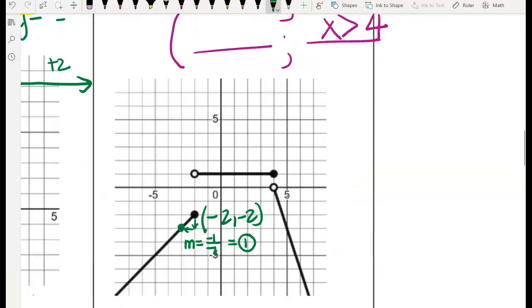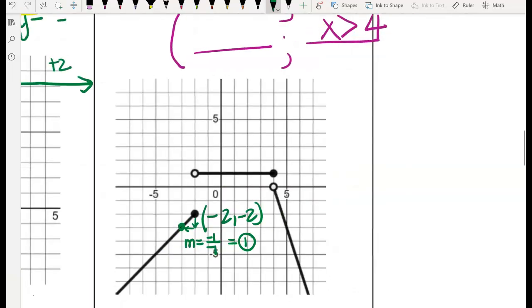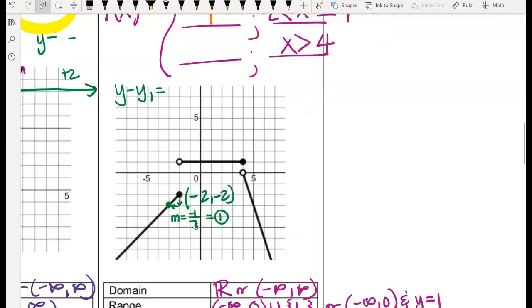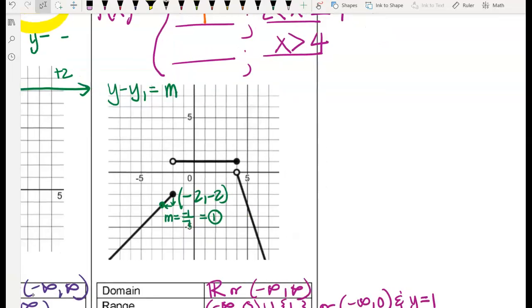And so let's use it. y minus y sub 1 equals m times x minus x sub 1, and we will substitute in your point. So y minus a minus is going to be a -2 because your y is -2.